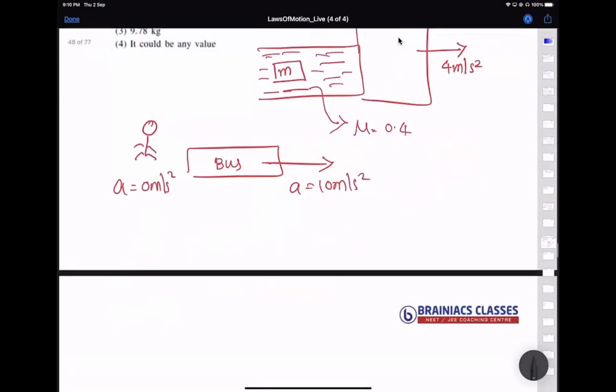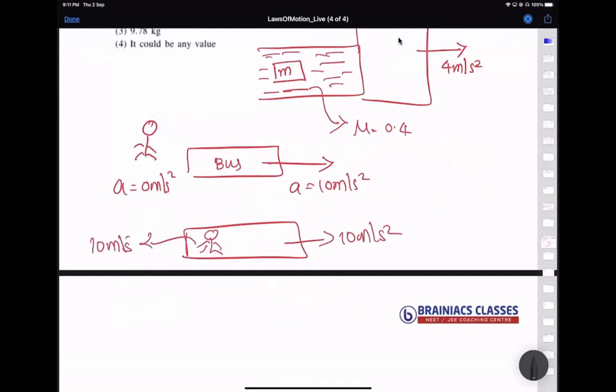Another case: now you are inside the bus, and the bus is moving with 10 meters per second square. What is your acceleration? Your acceleration is also 10 meters per second square. Now the bus's 10 meters per second square is with respect to what?